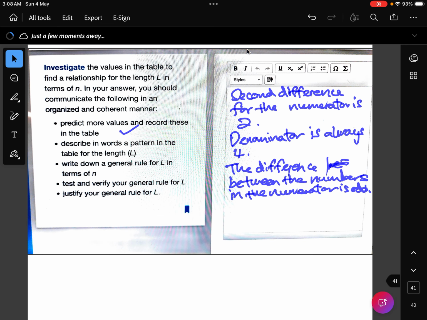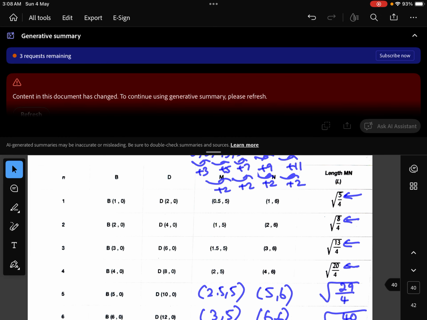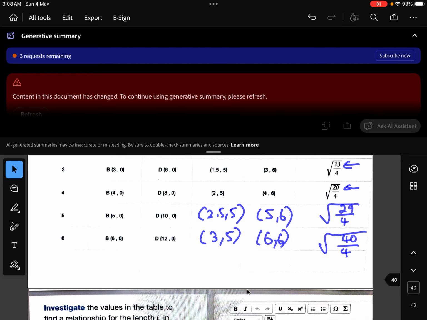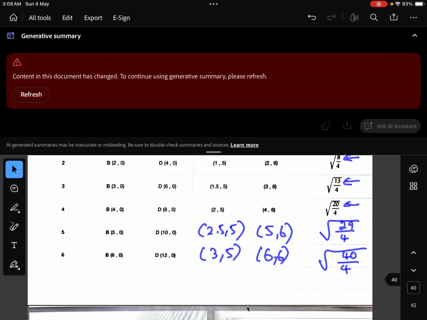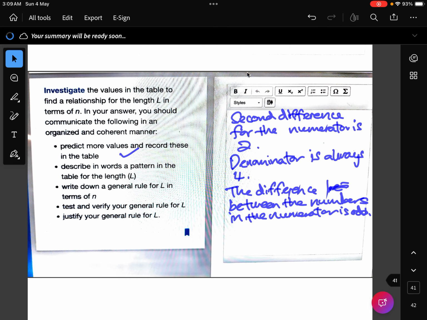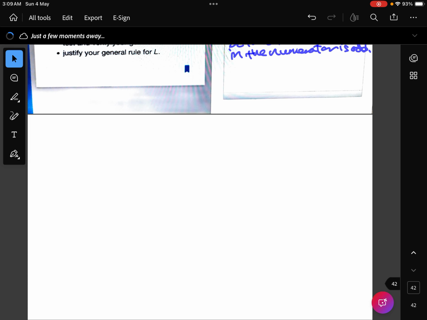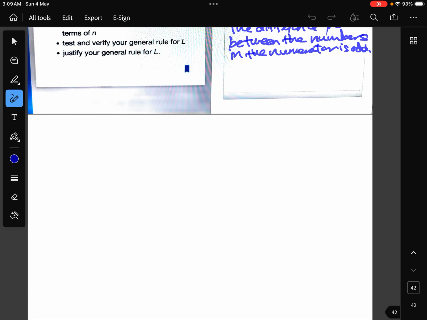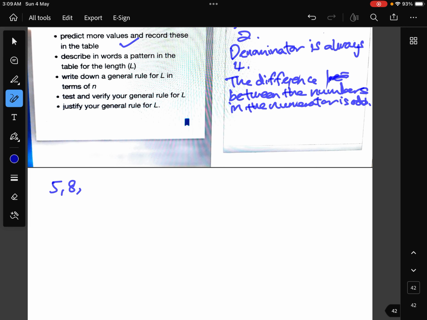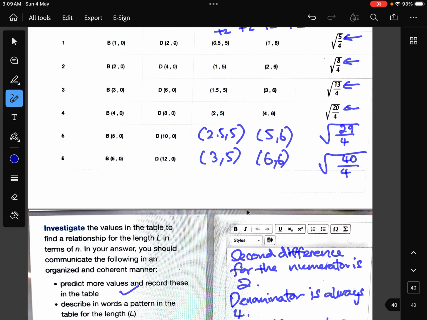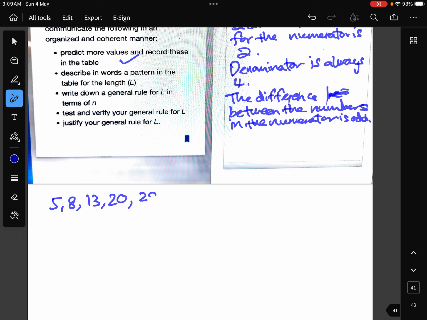Perfect. Now I'm going to have a go at finding the general rule. So I'm going to start off by looking at the numerator, which is 5, 8, 13, 20, 29, and 40 here.